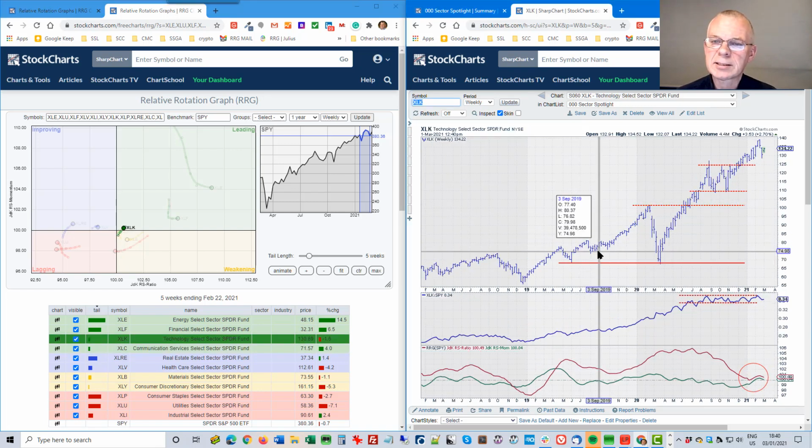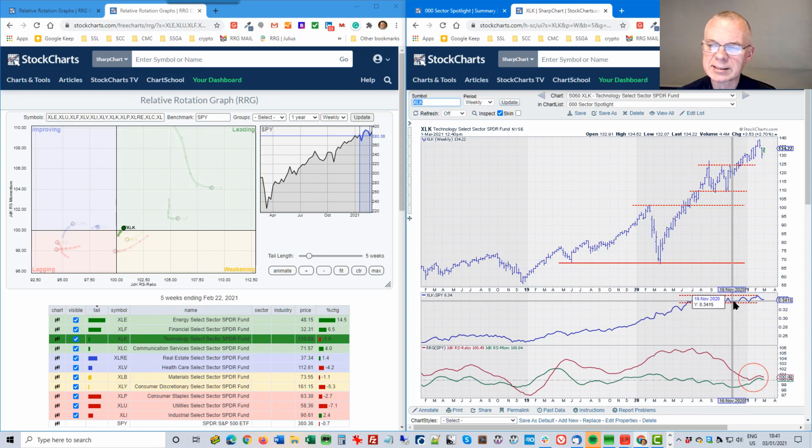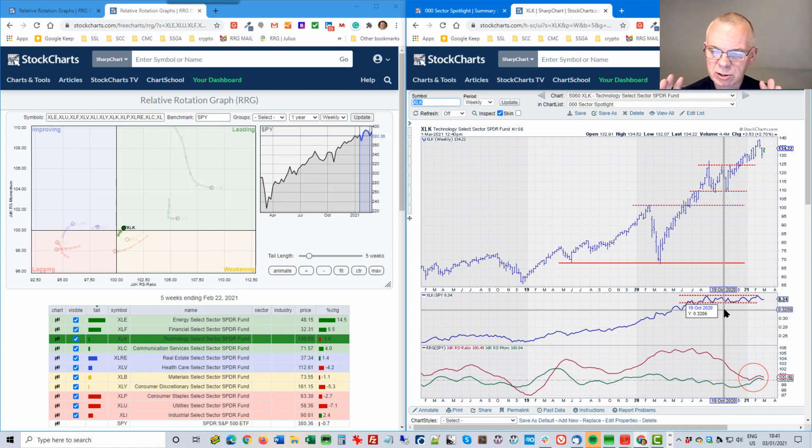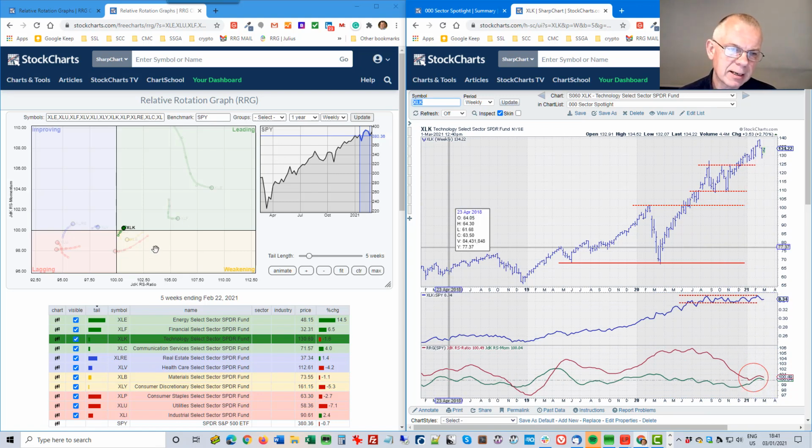So look at technology. We have this range here still intact, and the sector just doesn't seem to be able to actually get out of that range, and that's starting to get slightly worrisome, because this is now for a few months already. We saw that loss, we picked up a little bit, but now we're rolling over again, and that's causing the weekly tail to actually hook back.